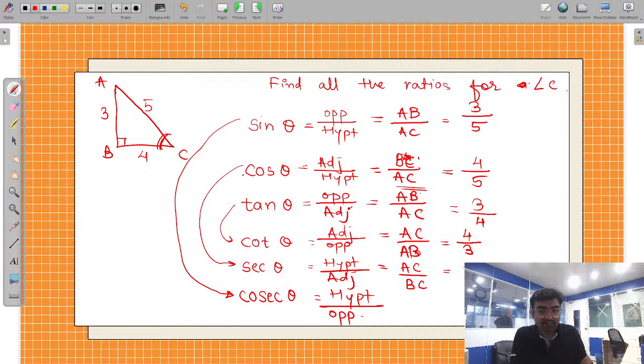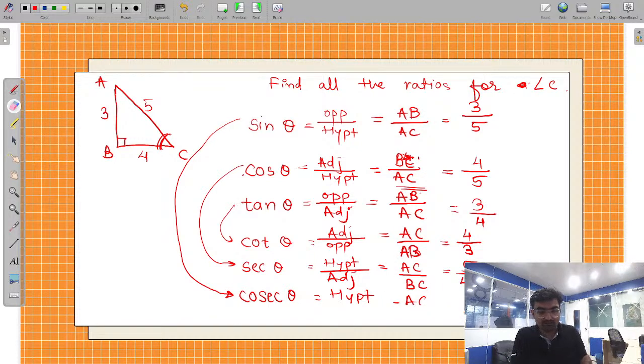Correct. And it will be 5 by 4. Right. So the last one is hypotenuse upon opposite side, that is AC upon AB, as it is reciprocal of sine, and the values will be 5 upon 3. Got it? Clear? Good.